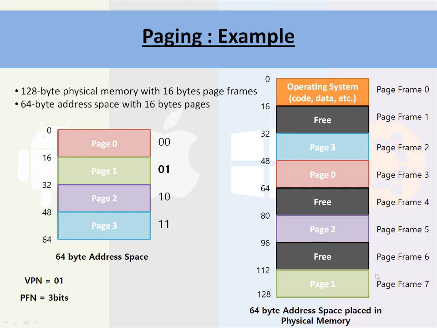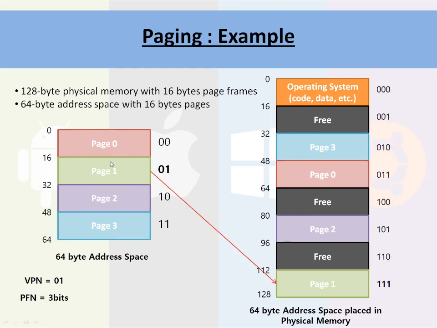Okay, and what we can do is convert the value 7 into binary and you get 111. So we know that page 1 in the address space is mapped to page frame 111. So that's exactly the translation that you need to perform.